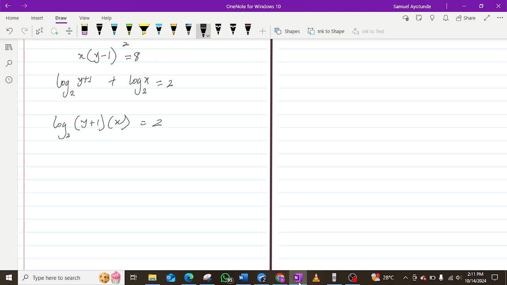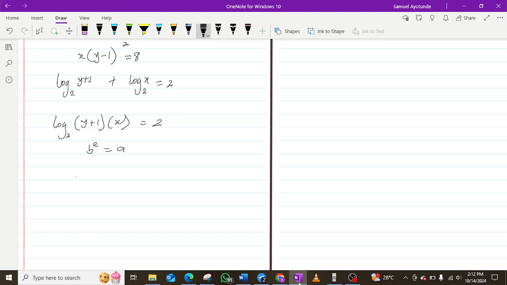Then I apply the law that turns logarithm to indices, that is, the base to the power of the exponent equals the argument. The base in this question is 2, the exponent is 2, and the argument is (y plus 1) in brackets x.